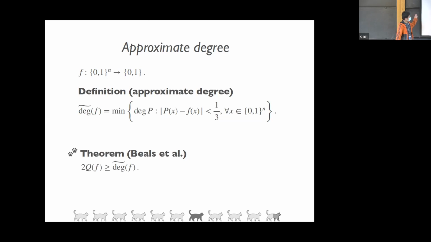That's an inequality, not equality; it is a lower bound. So you can now forget all the things we discussed. The message is that by analyzing this analytical measure, you can show limitations of quantum computation.